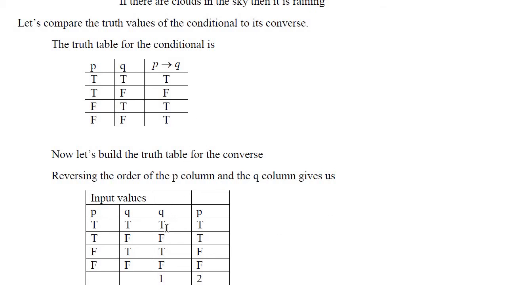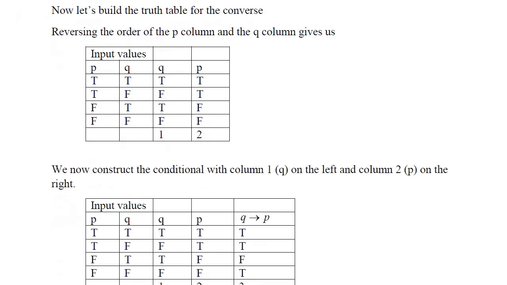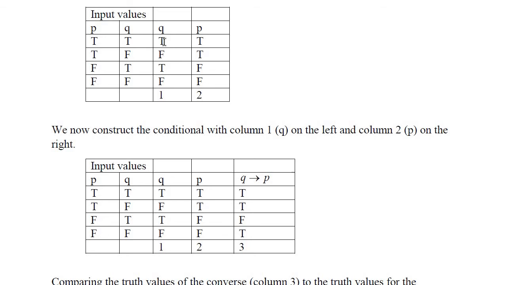So for the converse, we need Q on the left and we need P on the right. So we're going to take my Q column, put that on the left, true, false, that's my Q column, and then take my P column and put it on the right here, true, true, false, false. And now we're going to construct our conditional on these two columns.